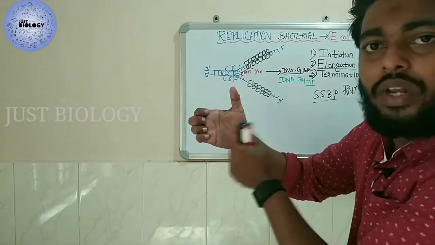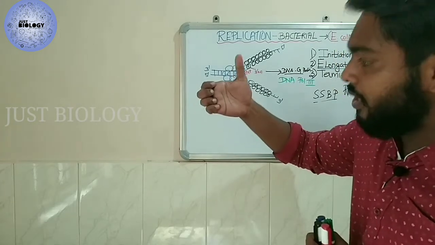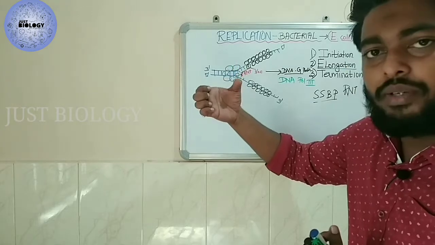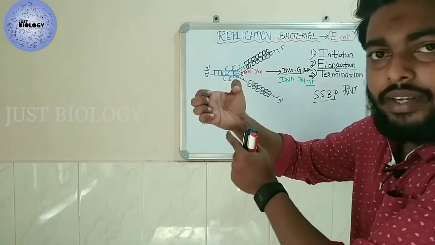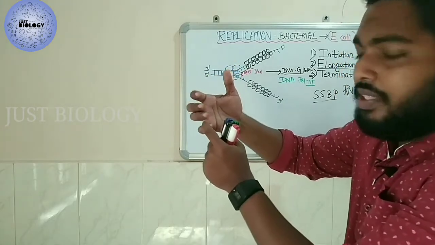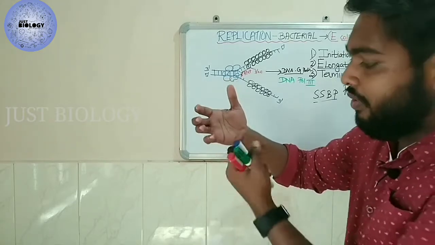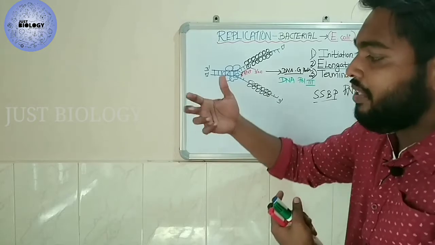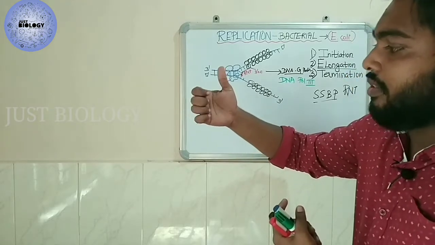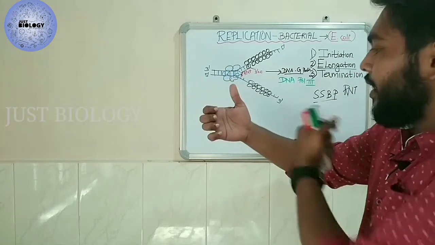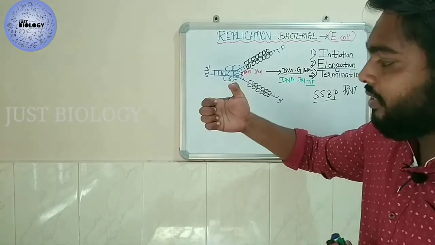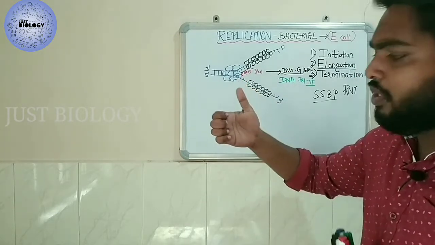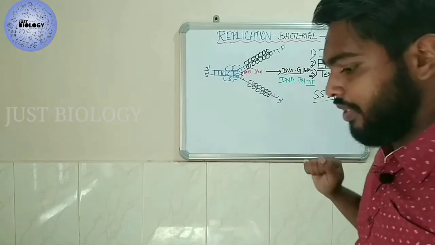Here the catalysis will happen, but this thumb will bring the nucleotide and fix it over here. Then whether they are checking the correct base or not, the proofreading will be done by the finger-like parts of the DNA polymerase. So they act as a finger, palm and the thumb. So this is the structure of DNA polymerase.